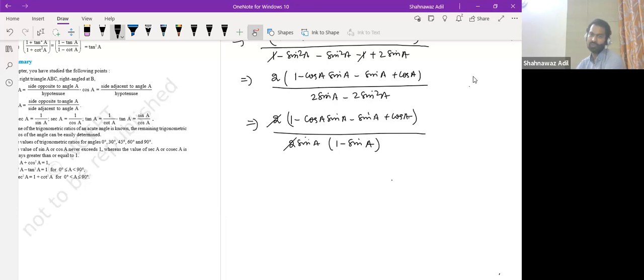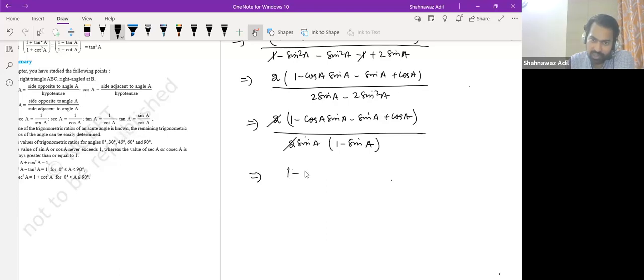So what should we do? Sir, we can only remove it or take it as common, right? 1 minus sin A to cancel. Yeah, so if we have common 1 minus sin A, then we can take it out. Oh, so you are close.